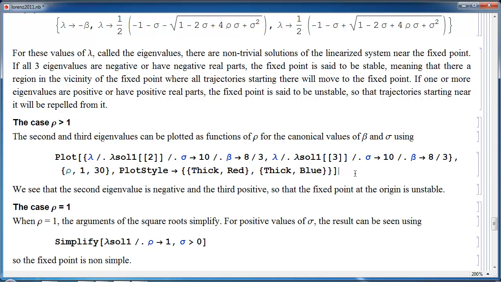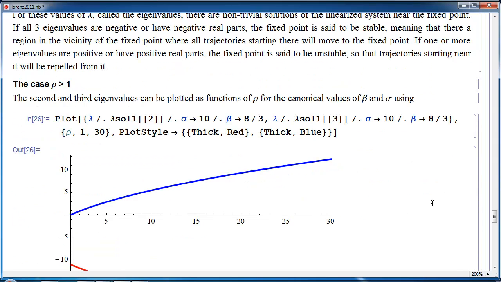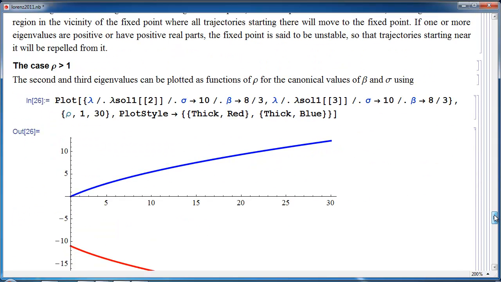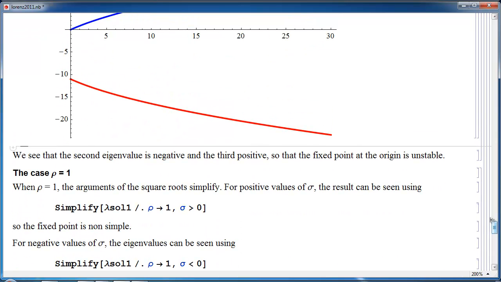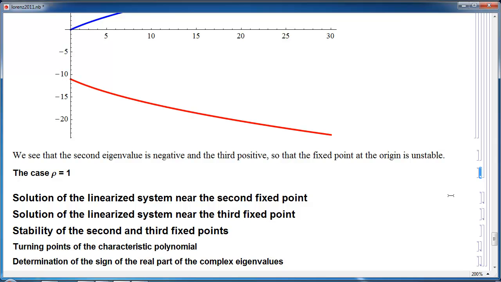So we can look at that, and we can see that the blue eigenvalue, which is the second one, starts off at 0 and is positive, and the red one is negative. So this fixed point has, generally speaking, one positive and two negative eigenvalues. So such a fixed point is said to be unstable. The case rho equals 1, I think we will not worry about, because we've coped with it here.